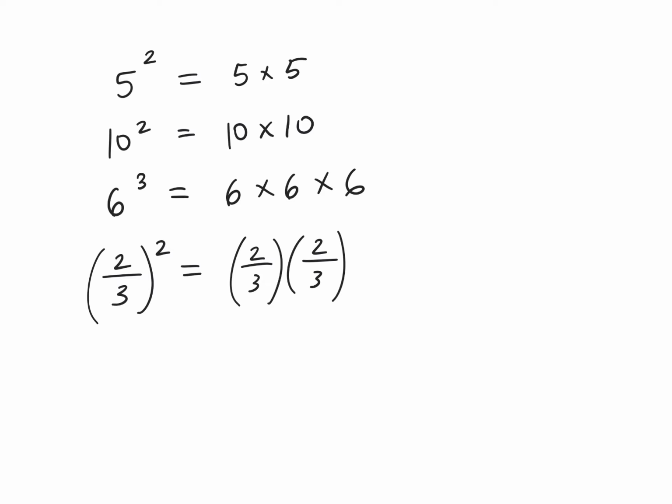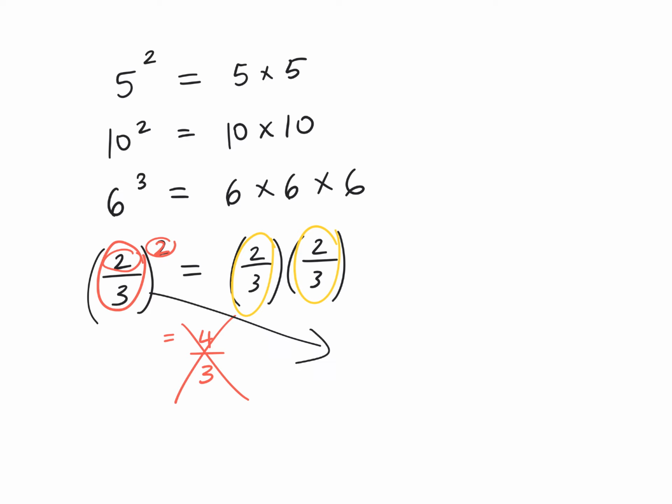So it's not just 2 to the power of 2. The answer to this would not be 4 over 3, right? It's everything in the bracket to the power of 2 because your base is being multiplied twice. So what would it actually be? What's this? Simplify. 4 over 9. Okay.